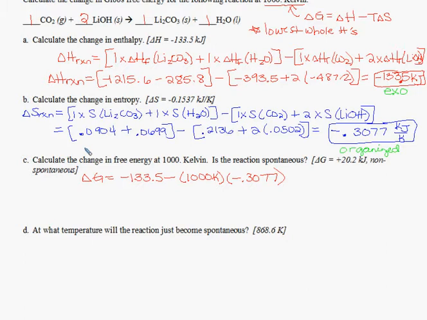I have the wrong entropy. Hold on, what did I do wrong? Oh, yeah, I totally calculated it wrong. Although I'm also not getting the same value that I listed.